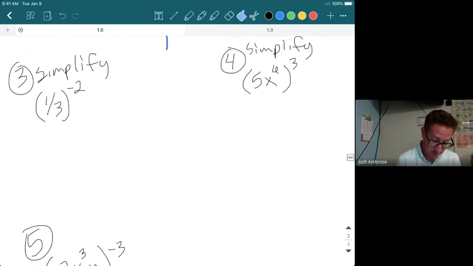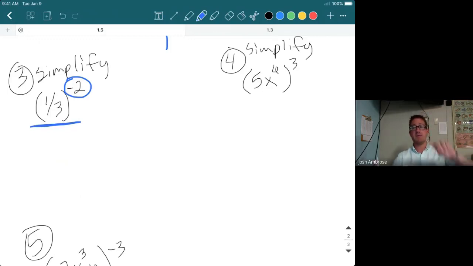All right, simplifying. This is where those charts are going to come in really handy because the charts tell you all the info about exponents and what they do. Here's what we have to notice. Not only is that squared, but it's a negative squared. Now, what does a negative exponent do to the base number? By the way, this whole thing is the base number, the 1/3. It flips it. That -2 is going to flip the base number.